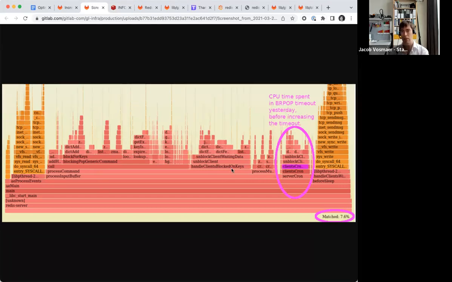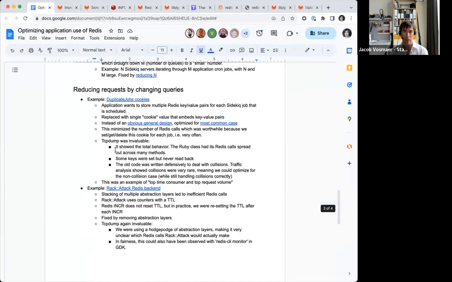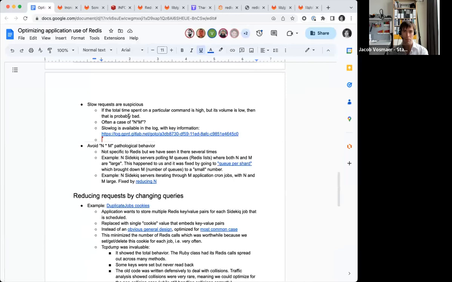So why is this blocking command taking a long time? In this case, it was an n times m problem.